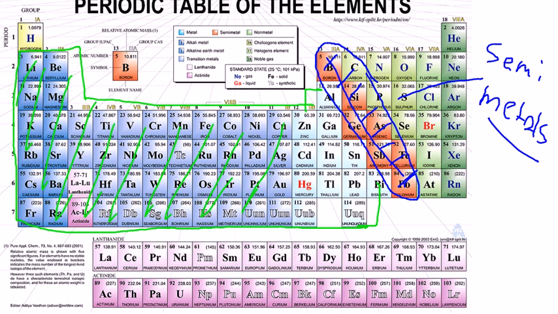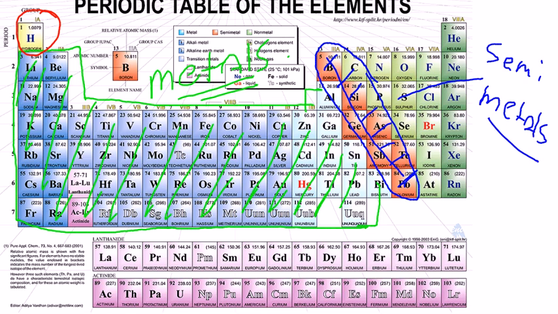All of this stuff here, these are known as the metals. Okay, these are metals, with the exception of hydrogen. Hydrogen's kind of special, and hydrogen's kind of all by its lonesome there. Okay, so the semimetals and the metals.